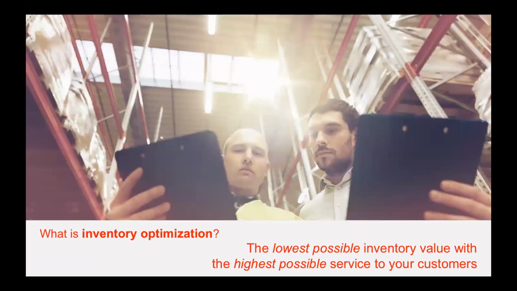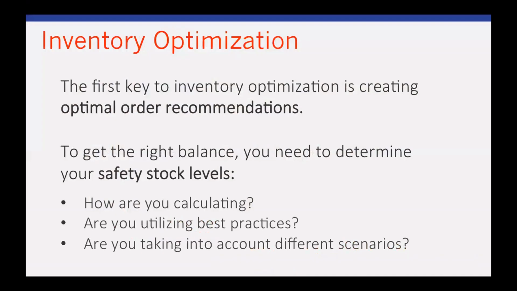And so if we really define what we mean by inventory optimization, an optimal order is one that promotes inventory optimization, and that's really defined as having the lowest possible inventory value with still the highest possible service to your customers. So again, it's managing that balancing act to know exactly how much and when I need to buy based on all these different factors so that I have enough but not too much. So I think we get it, right?